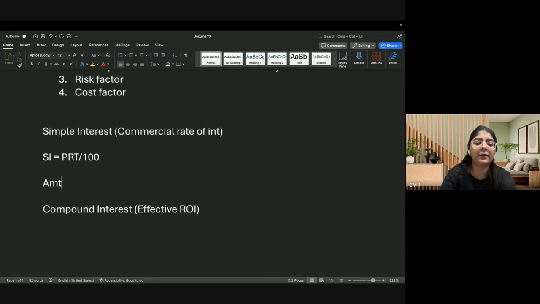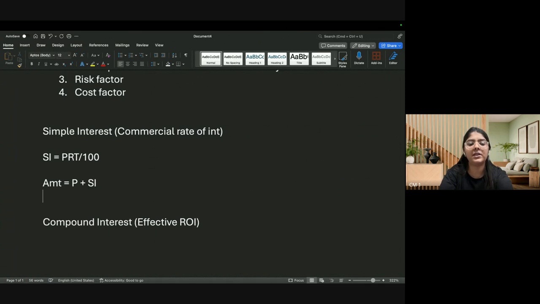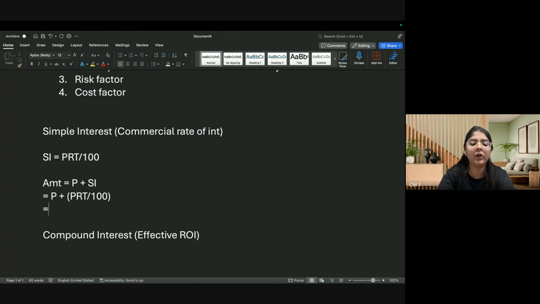Now, if you want to calculate the total amount, this will be your principal, the loan amount, the original principal amount that you have borrowed, plus the entire interest that you have paid on it. Principal plus simple interest that you receive. So, P plus simple interest, which we have written as PRT by 100. Now, what can you take out common from this equation? P. P is common.